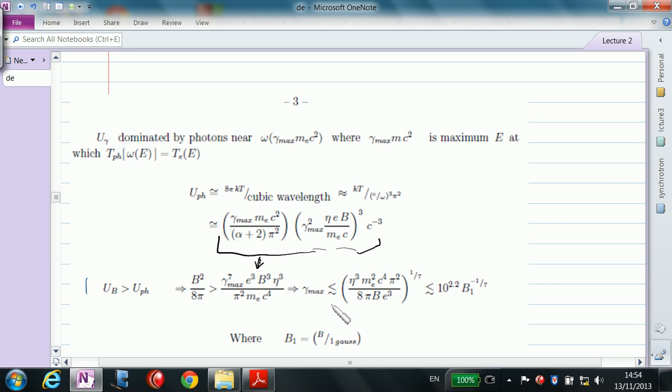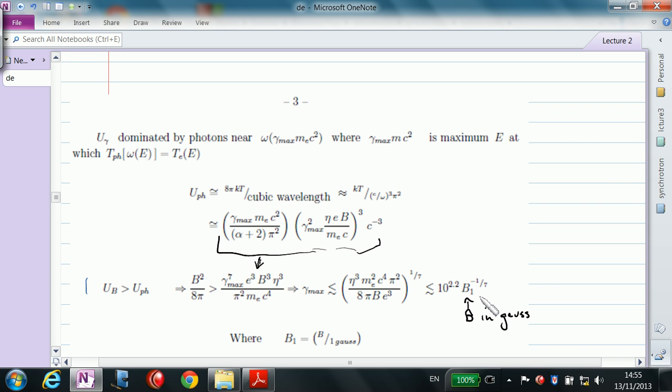Now, this condition can be rewritten as follows. Since there's a gamma to the 7th that shows up, gamma max has to be less than this quantity to the 1/7 power, which when you work it out is a little bit more than 100, and this is B1 in Gauss, or B divided by 1 Gauss.